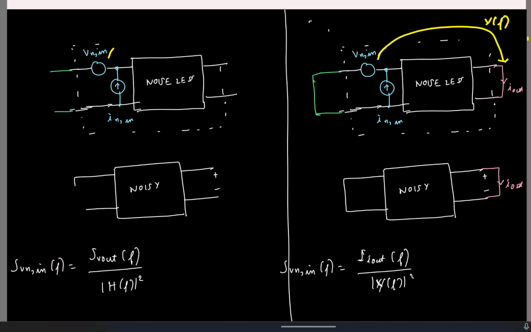If I open it, the voltage source is not playing any role, it's gone. So the entire noise is coming only due to the current. So I'll find some transfer function from the input current to the output voltage, some impedance. So my current power spectral density, I will find it like this.